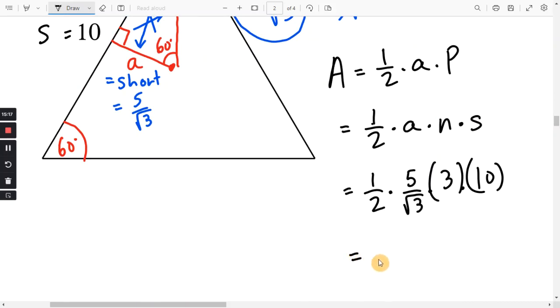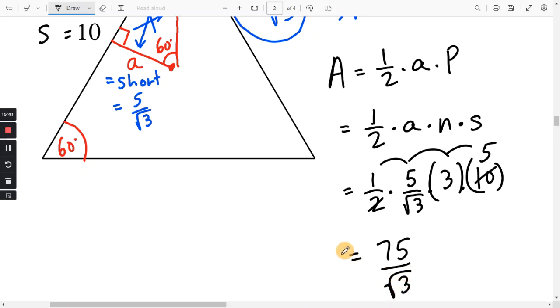All right, let's see. These are all numerators and these are denominators. 10 divided by 2 is 5. And in the numerators, we have 1 times 5 times 3 times 5. 5 times 5 is 25, times 3 is 75. And the only thing in the denominator is radical 3.